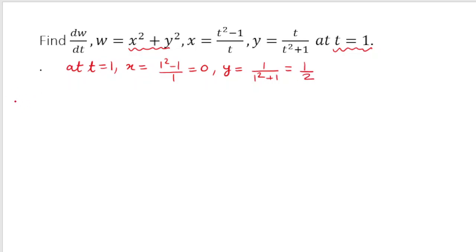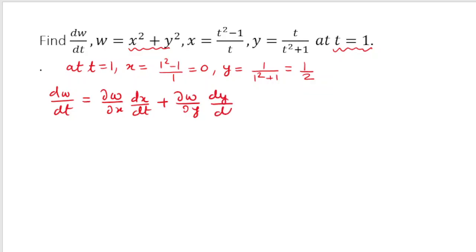Now we have to find dw by dt. So to find dw by dt, what we have to write? We have to write del w by del x and then dx by dt, plus del w by del y and then dy by dt. Now what is del w by del x?